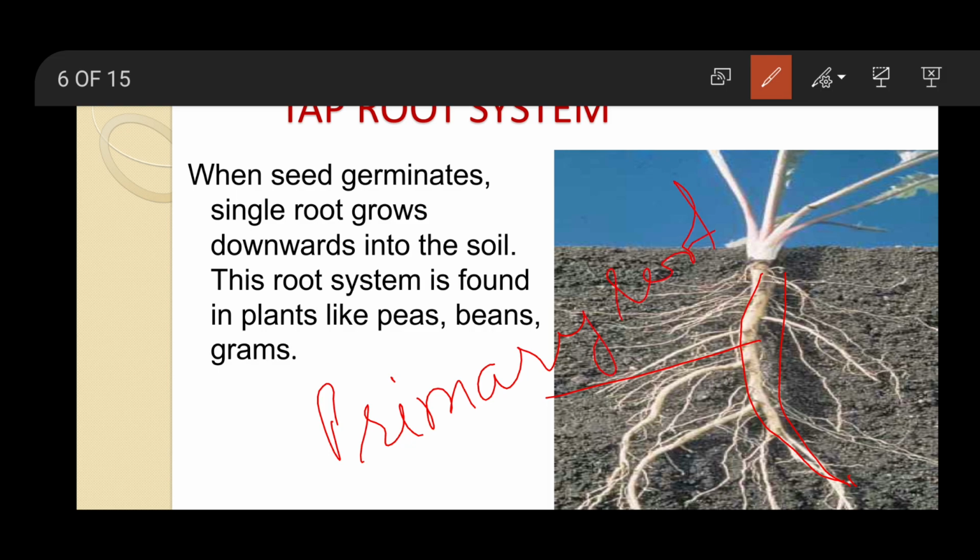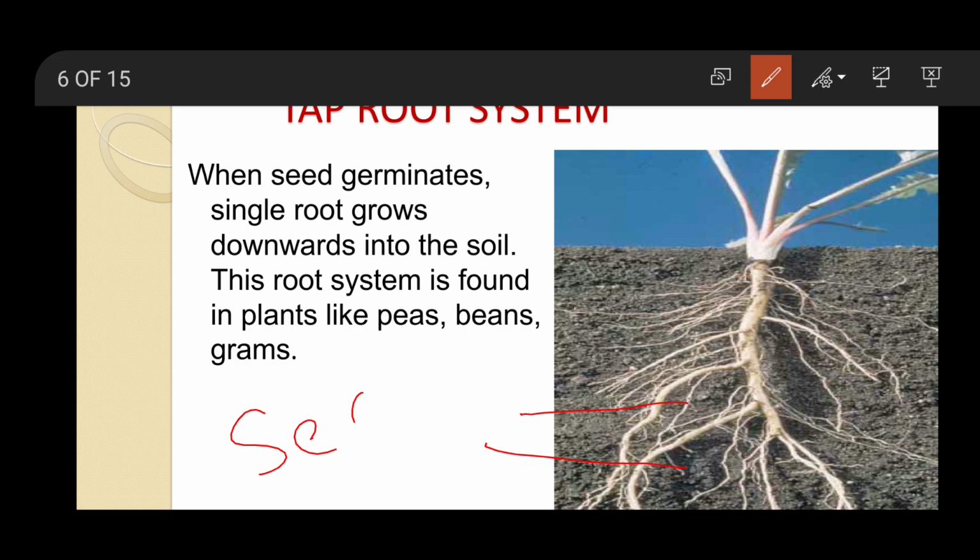And the lateral roots which you can see here are known as secondary roots. And further, the more branches you can see here are known as tertiary roots.